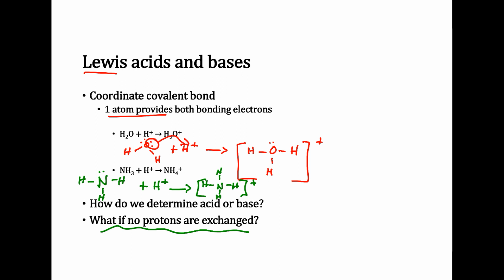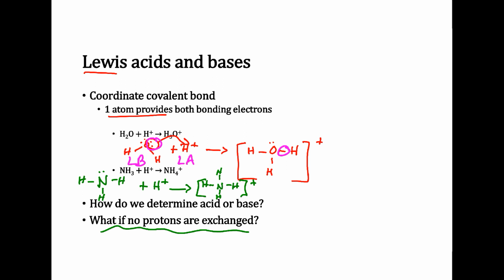As we look at this, water, H2O, is donating this lone pair of electrons. It's providing the lone pair of electrons. So that would make water our Lewis base, and since this proton is accepting the lone pair, this is what we would call our Lewis acid.